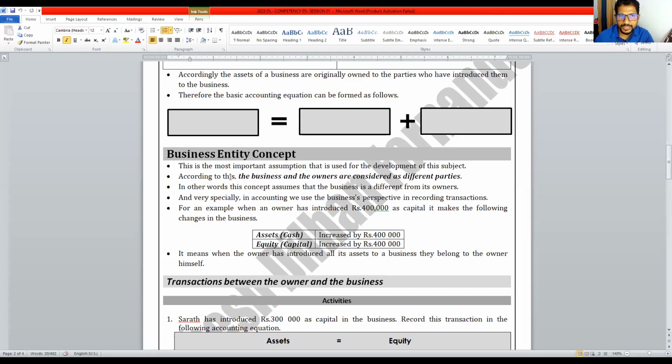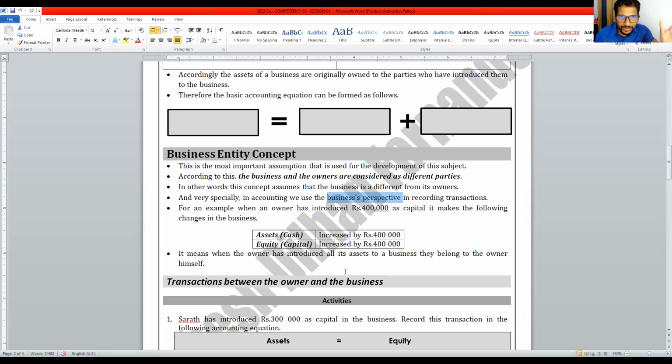In other words, accordingly, the business and the owners are considered as different parties. Highlight that. This concept assumes that the business is different from its owners. And very specially, in accounting, we use, highlight this one, the business's perspective.